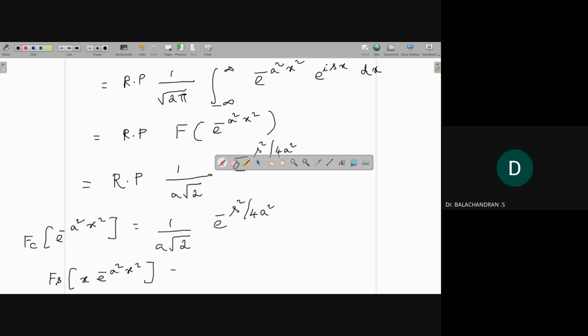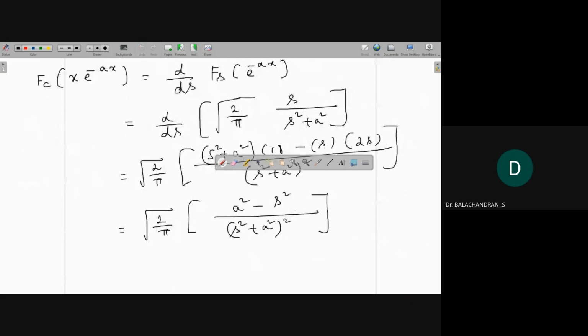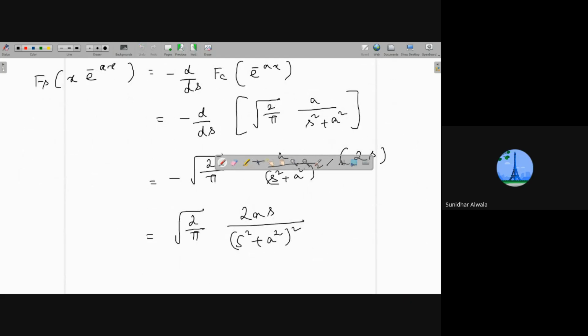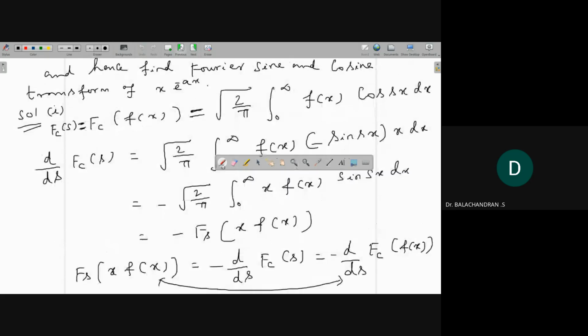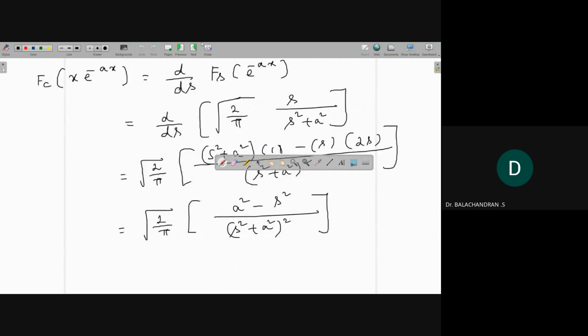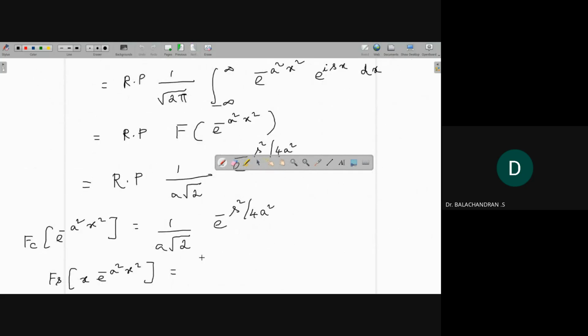I think we already discussed the result: Fs of x into f of x is minus d by ds of Fc of f of x.